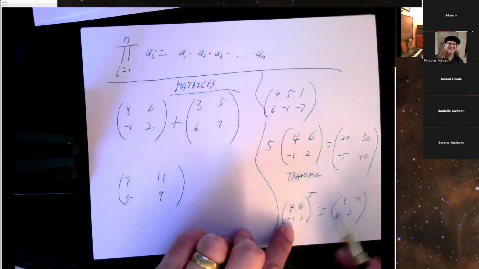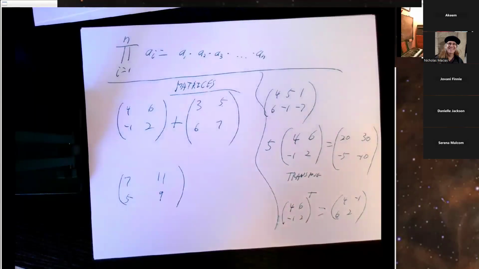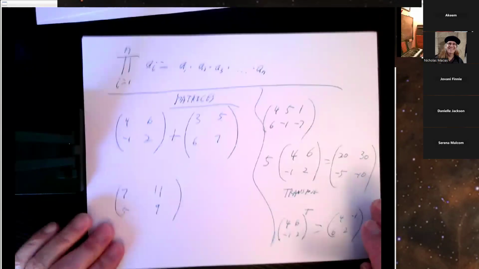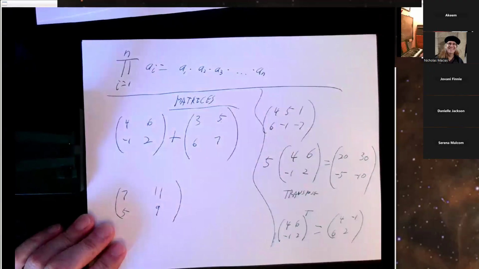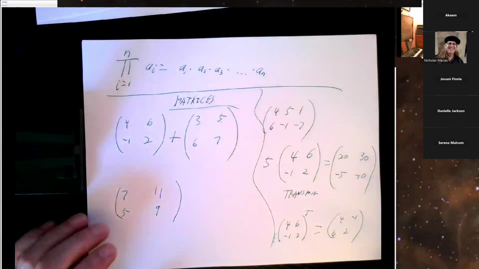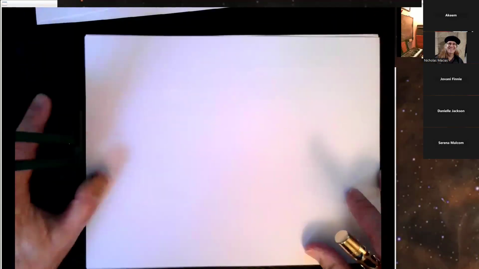Second row, first column becomes first row, second column, and so on. So we just flip it around a diagonal. All right, so that's all pretty straightforward and intuitive: addition, subtraction, multiplication by a constant, or transposing the rows and columns. What gets weird with matrices is when we talk about multiplication.